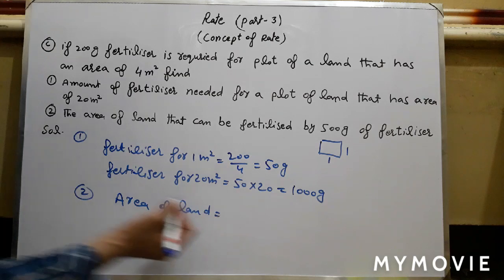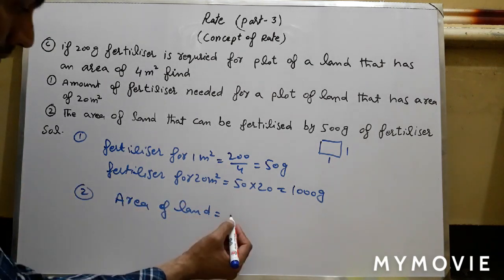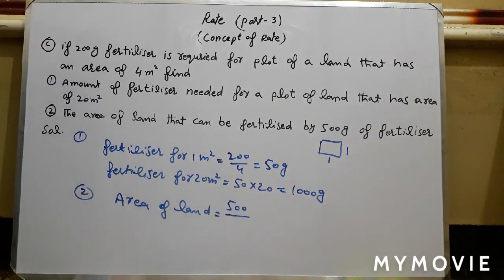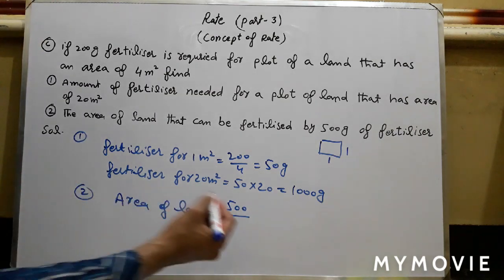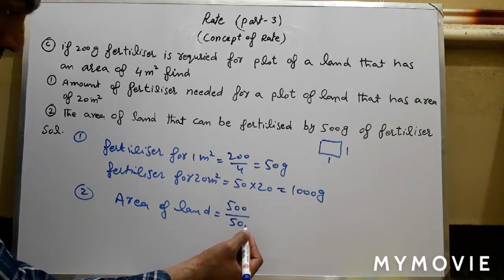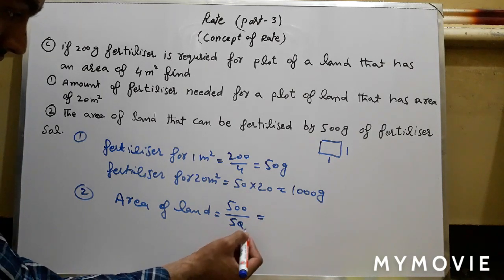How to find this one? The total amount of fertilizer is 500 grams, and 50 grams is required per square meter area.